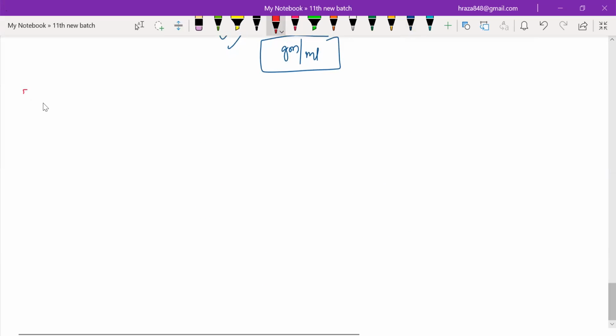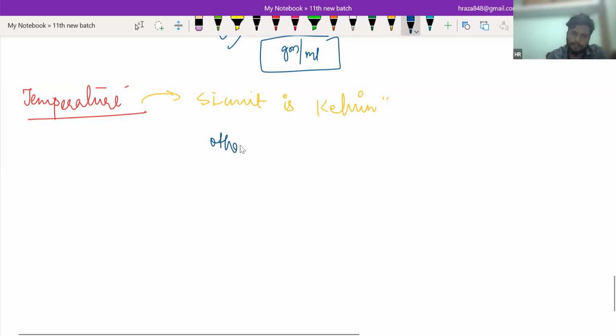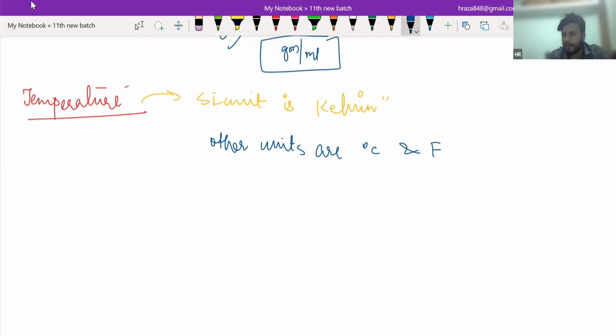Now we will talk about temperature. Temperature is basically the amount of hotness or coldness. Its SI unit is Kelvin. Other units are degree centigrade and Fahrenheit.